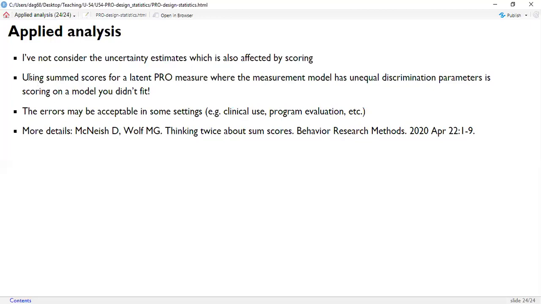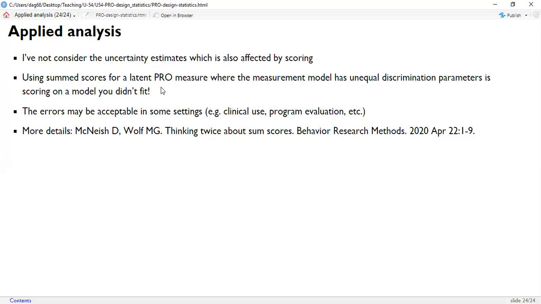One of the conclusions they make is essentially, if you're using a sum score of a latent PRO measure when the measurement model has unequal discrimination parameters or factor loadings, you're scoring the model based on a different model than what you fit. Because a sum score really only has great utility, in research settings at least, when all the factor loadings or all the discrimination parameters are equal.